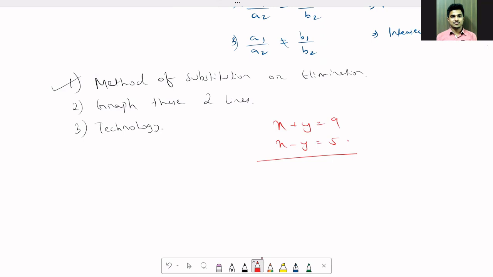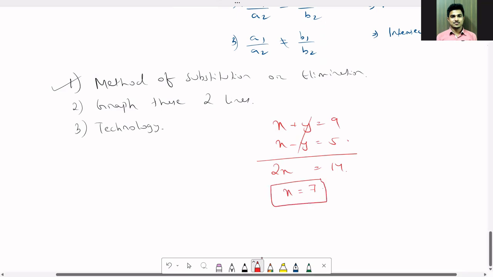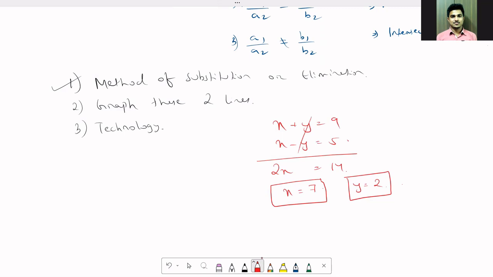If I add these two equations, x and x will become 2x. y minus y will cancel out. And 9 plus 5 will become 14. So from here, you are getting x is equal to 7. And if you put this value of x in any of these equations, you will simultaneously get the value for y. So you will get y as 2. So that is the method of substitution or method of elimination.